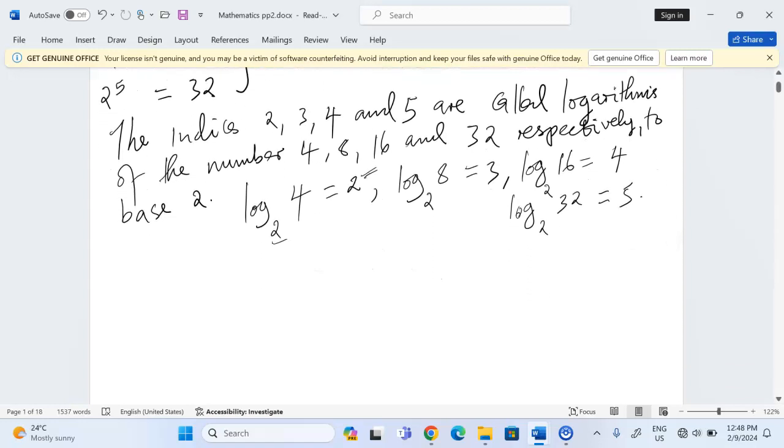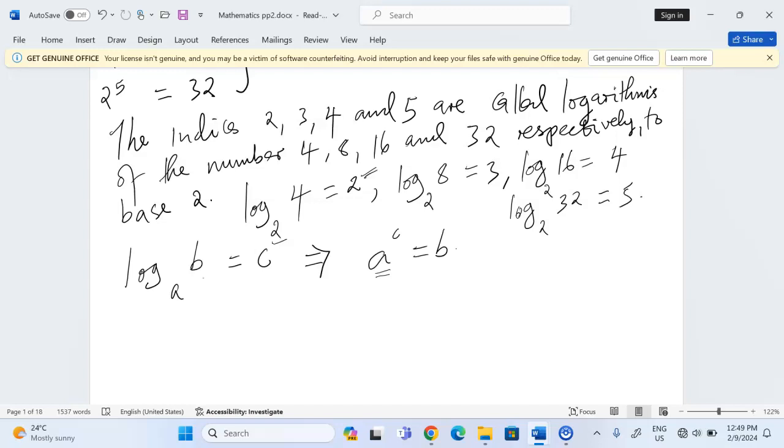So if we are to come up with a general expression, we'll say in case we are having the logarithm of b to base a equals c, then it means, because the base has to remain the same, this one in index notation, because it is now in logarithm form, becomes a raised to c equals b. So it is only b and c which change their positions, but the base remains the same.